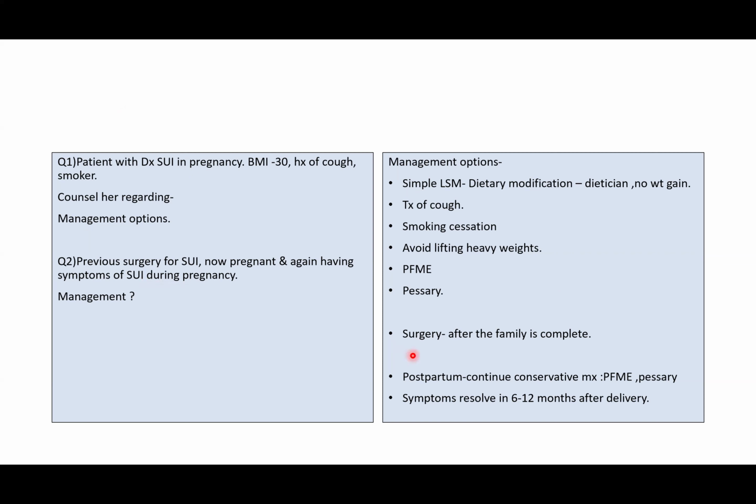Because even cesarean section is major surgery, and we are going to do it for the obstetric indications. Probably there is adhesion with Burch. Yes. And postpartum, she will wait for 6 to 12 months because the condition can resolve on its own. Maybe she will not need another surgery. Okay, fine.